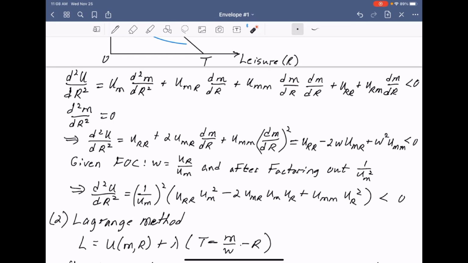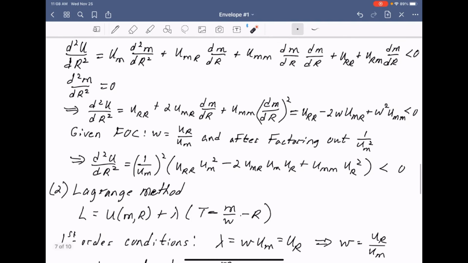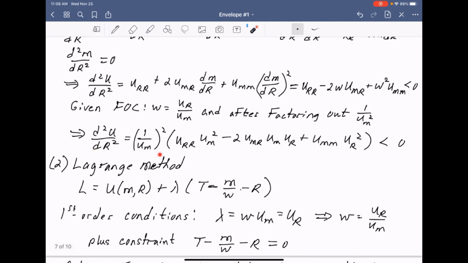Given the first order condition that the wage rate is given by the ratio of the marginal utility of leisure divided by the marginal utility of income, and after factoring out 1 over the marginal utility of income squared, we get this result here, and it's identical in terms of how it looks to what we've had before.